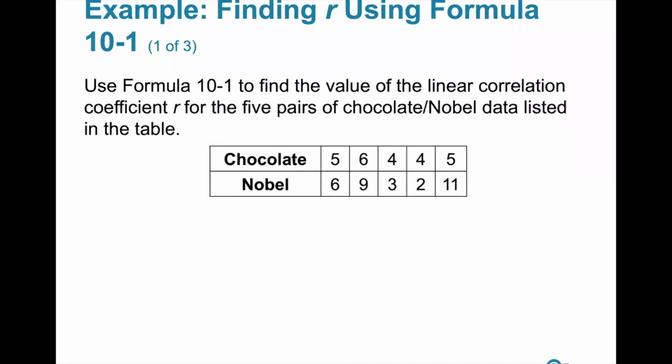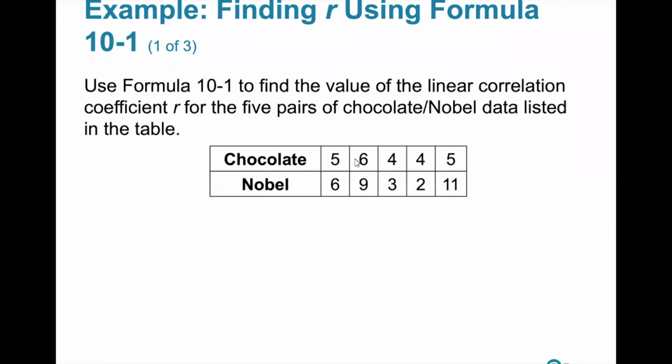In this example, we're going to calculate the linear correlation coefficient by hand. They want us to use formula 10-1 to find the value of the linear correlation coefficient R for the 5 pairs of chocolate-Nobel data listed in the table. The context is that there are 5 different countries.